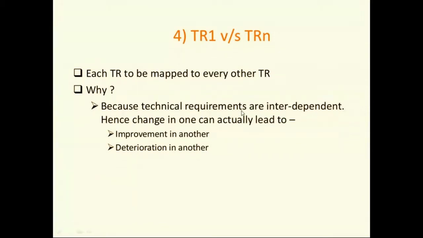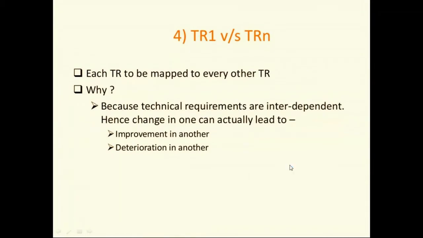Because the technical requirements are interdependent. Hence, a change in one can actually lead to improvement in another and deterioration in another. So you can understand which is the improved one and which is the deteriorated one by understanding the mapping between technical requirements. What does that give you? Interdependency values.